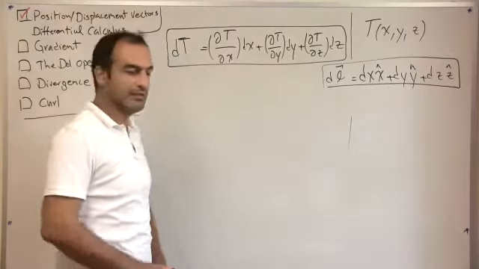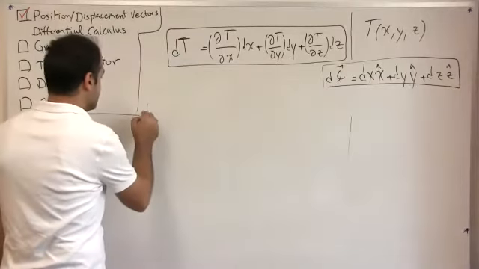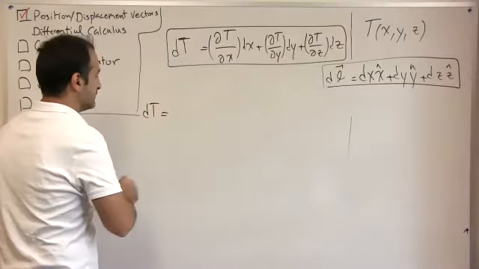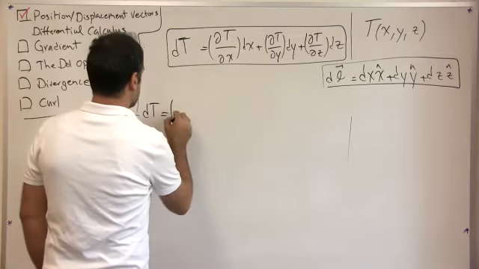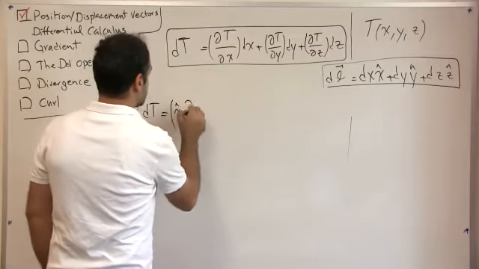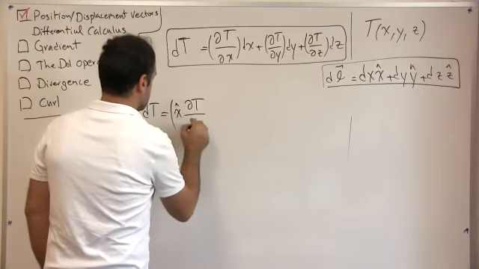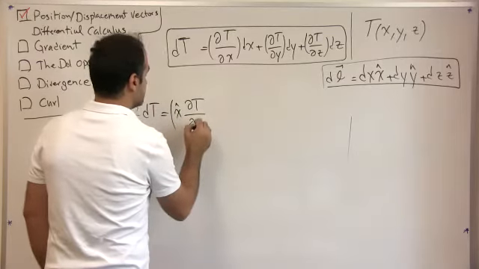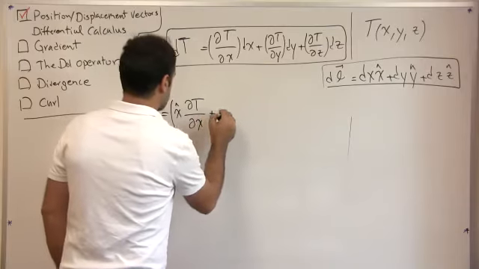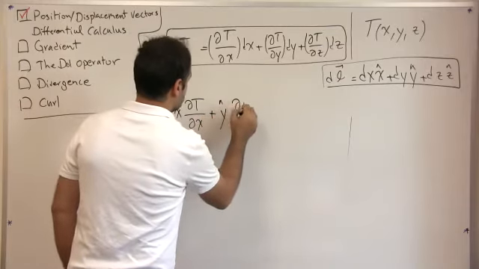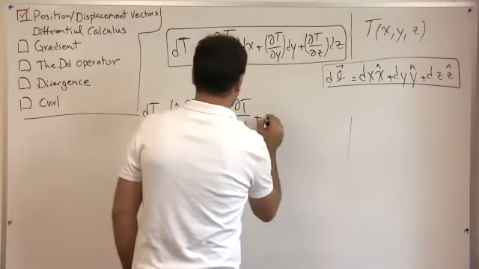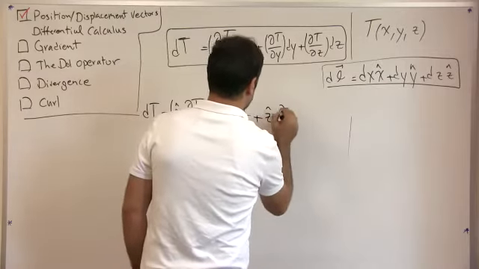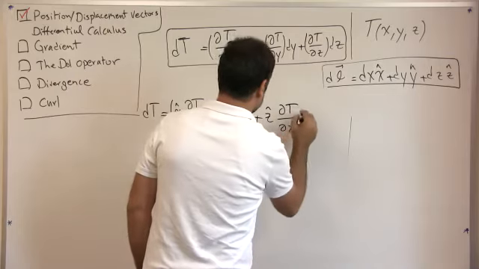So I want to write dt being equal to, open parentheses, x hat times dt over dx plus y hat dt over dy plus z hat dt over dz.